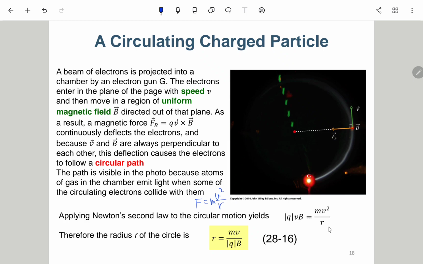We can cancel this v with this v squared. So finally, we have r equals mv over qB. This will be the radius of the circular motion.